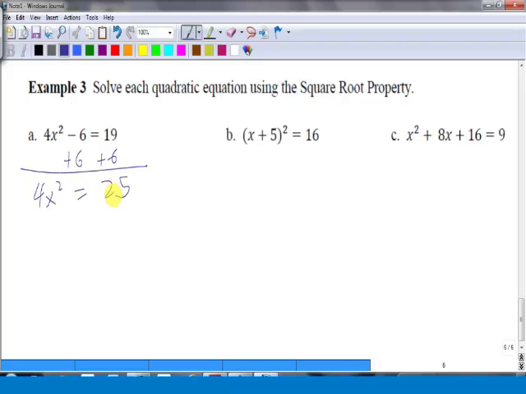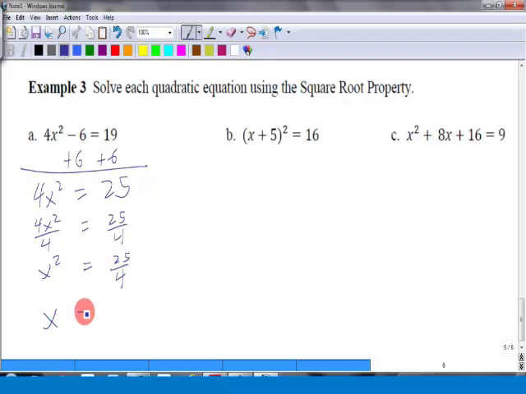I'd like to have 1x squared on the left-hand side. We could think about taking square roots here, but it would be weird. So divide both sides by 4, and get x squared equals 25 fourths.